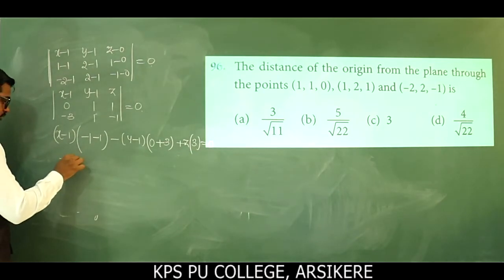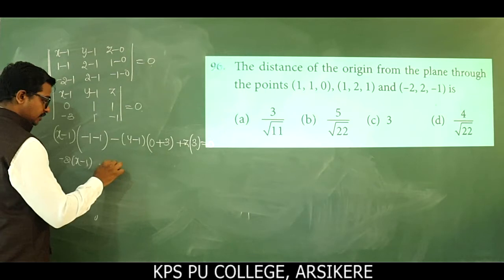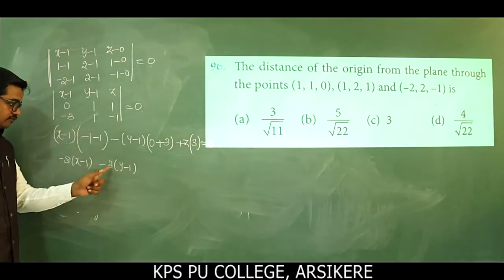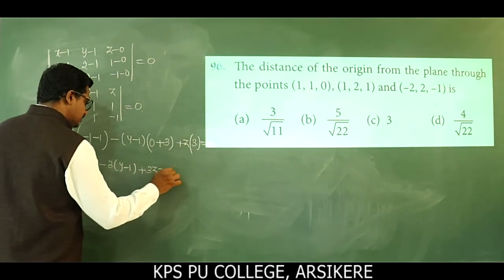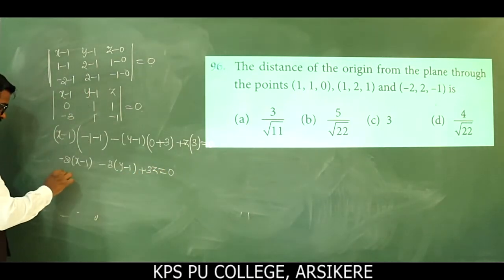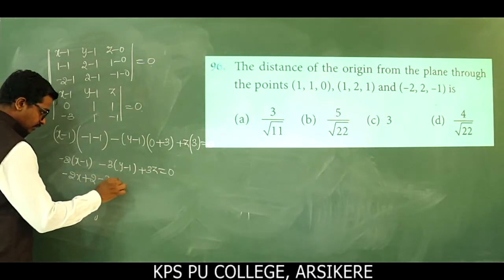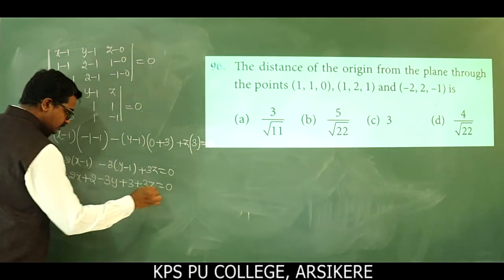This is minus 2 times (x minus 1), minus 3 times (y minus 1), plus 3z is equal to 0. Next step is simplification. This is minus 2x plus 2 minus 3y plus 3 plus 3z is equal to 0.